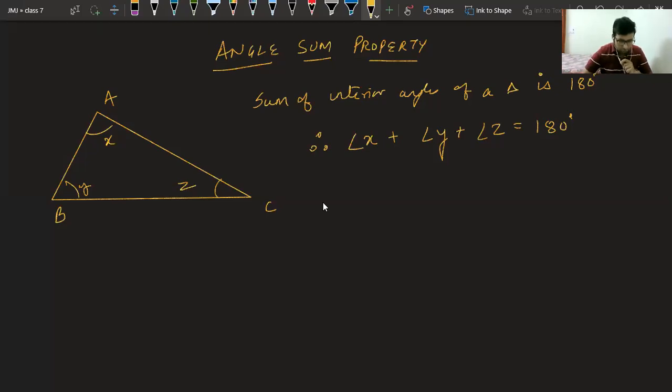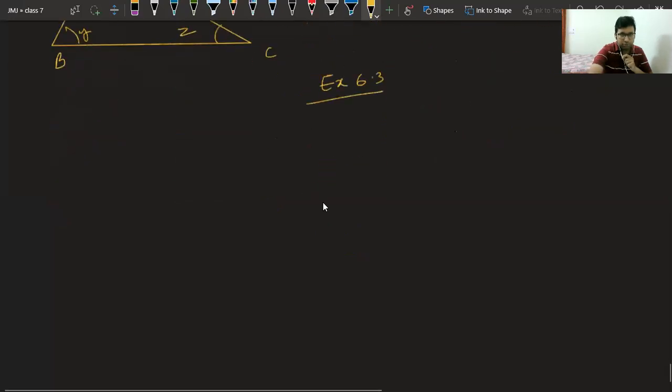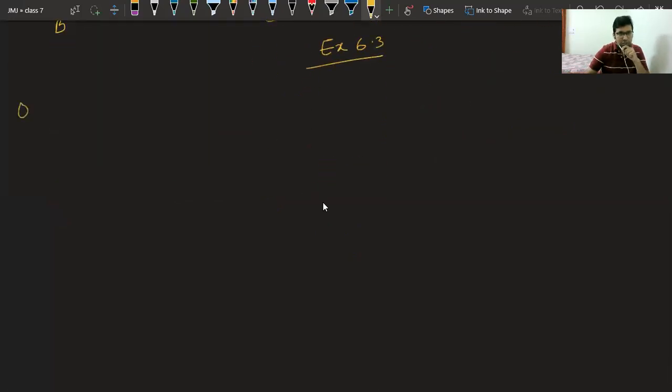Now, let us take one question in 6.3. Question number 1. All of you answer me. Suppose I take the third part. In the third part, one angle is missing. This angle is x, this angle is 110, and this angle is 30.